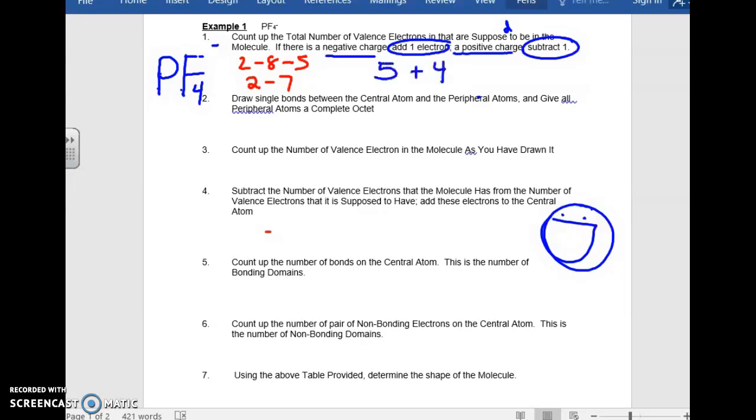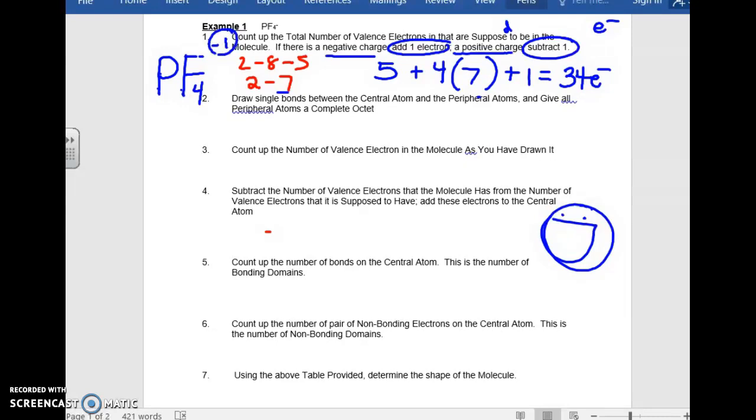I have 4 fluorines. Each one has 7 valence electrons. Notice this has a -1 charge. That means when I formed the atom, I had to pick up an electron from outside, and I had to add it to the total number. So 5 plus 28 plus 1 is 32. I should say, I'm sorry, 34 electrons. So I know that once I reach 34 valence electrons in my molecule, I am done.